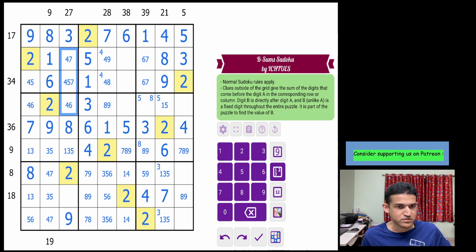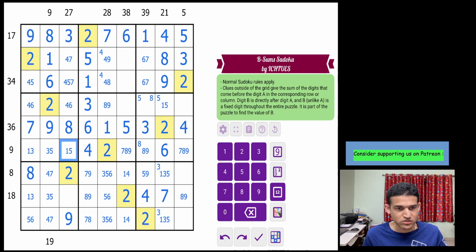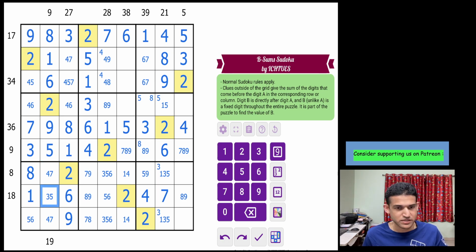Or rather, these cells must sum up to 18 because these sum up to 27, so these sum up to 18. 2 plus 9 is already 11, so 7 more is required. This can't be 3 using Sudoku, and 5 is also not possible because that forces 2 here. That's 1 6, 3 5, 1 3.